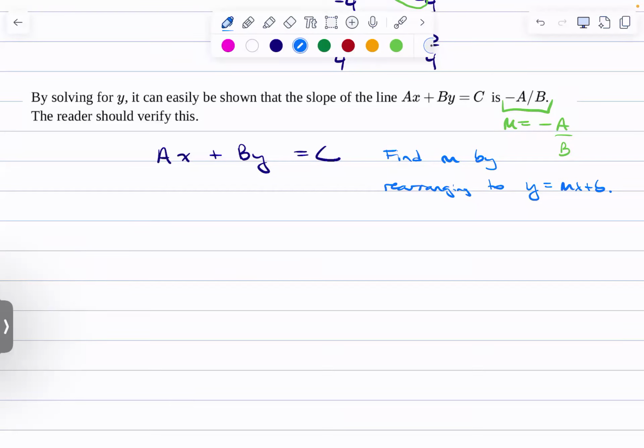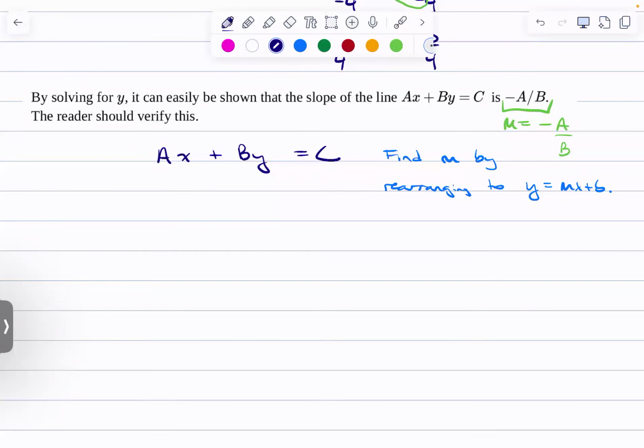And then we'll be able to see not just what m is, but also what b would be, right? Lowercase b. Okay. So general values here, ax plus by is equal to c, but we still want to solve for y, just like we did earlier.